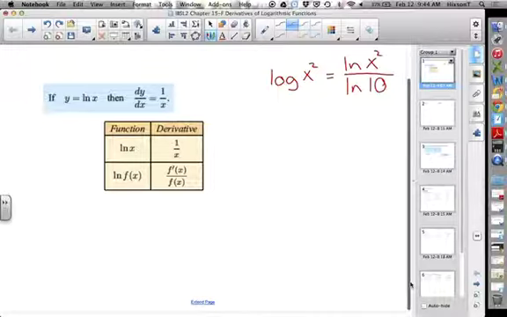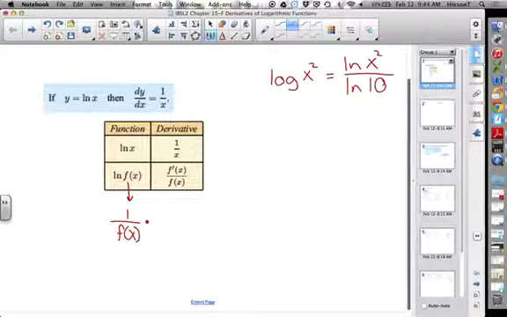Okay? If I have the natural log of f of x, I have to use the chain rule, so it's the derivative of the outer function, which is 1 over whatever you're taking the natural log of. So it's 1 over f of x times the derivative of the inner function.